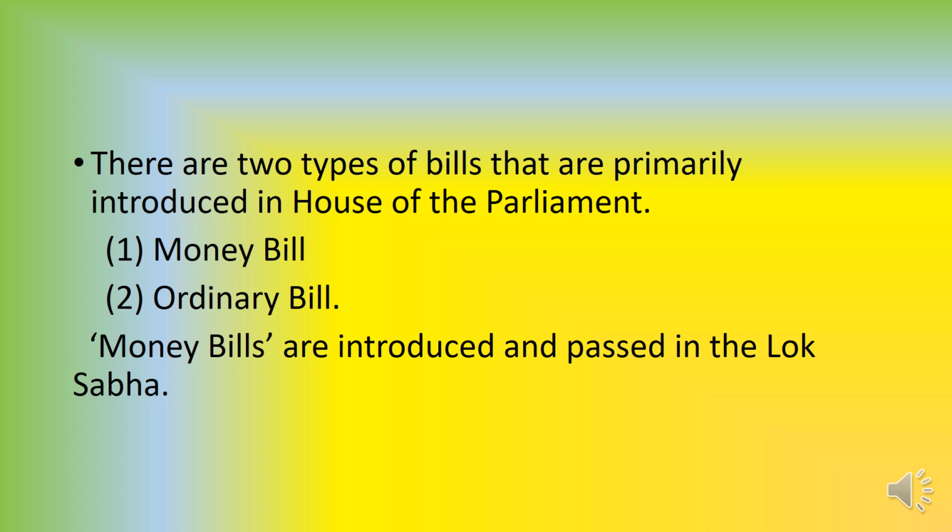Money bills are introduced and passed only in the Lok Sabha first. So if it is a money bill, it has to be introduced first in the Lok Sabha. It also gets passed in the Lok Sabha. Whereas an ordinary bill can be passed or introduced in any of the houses. It can be introduced in either Lok Sabha or Rajya Sabha.